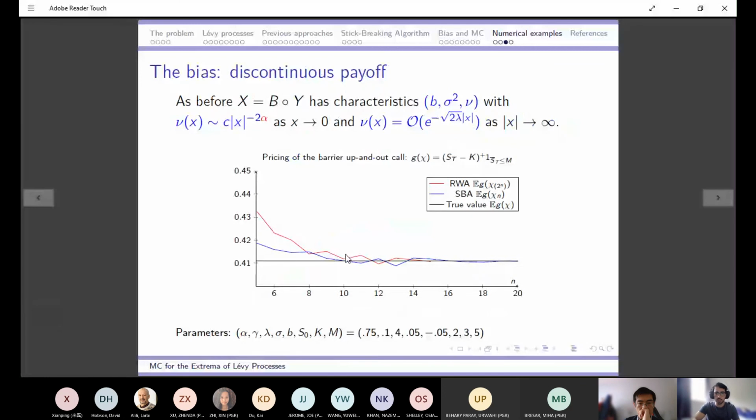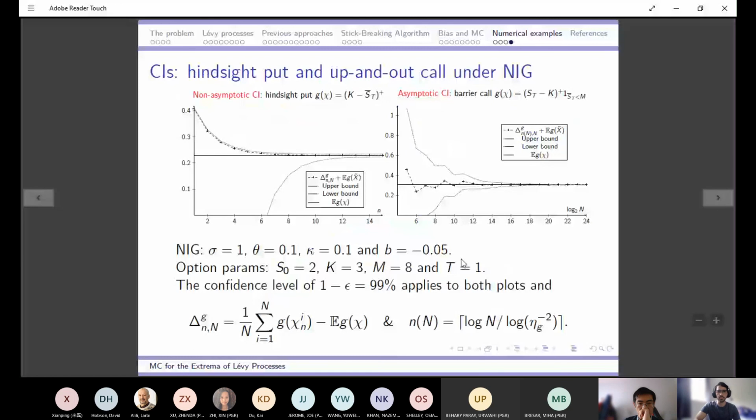The random walk approximation and 2 to the n time step is very similar to the stick breaking approximation at just time step n, with just n sticks. You can get confidence intervals non-asymptotically or asymptotically if you assume some further regularity and say that you have some kind of CLT going on, right? Which is not so hard to actually identify.